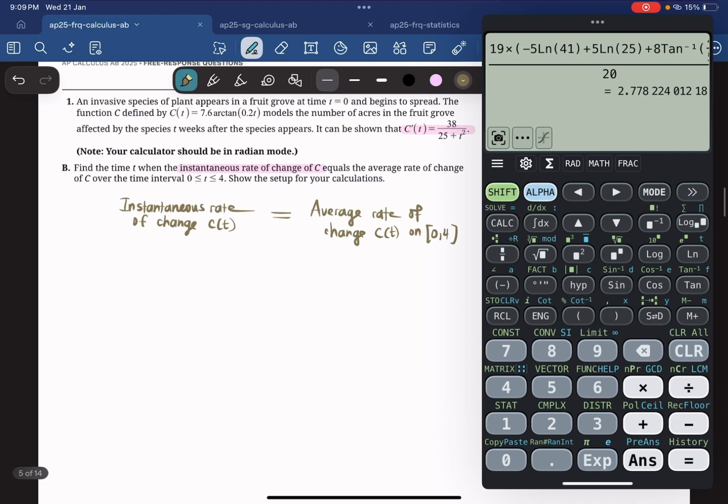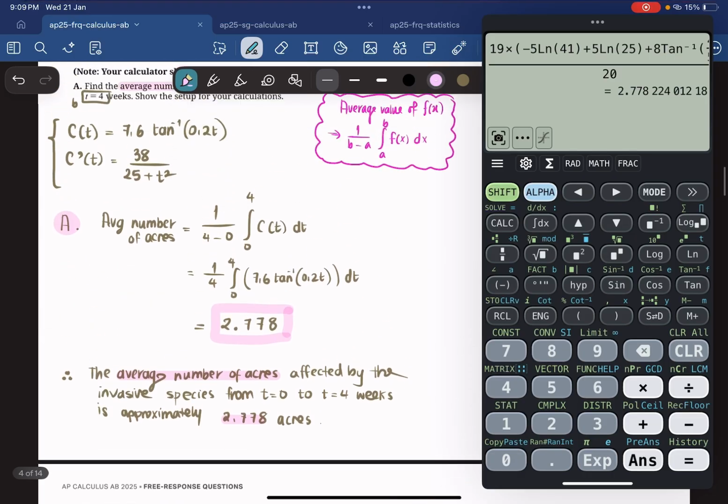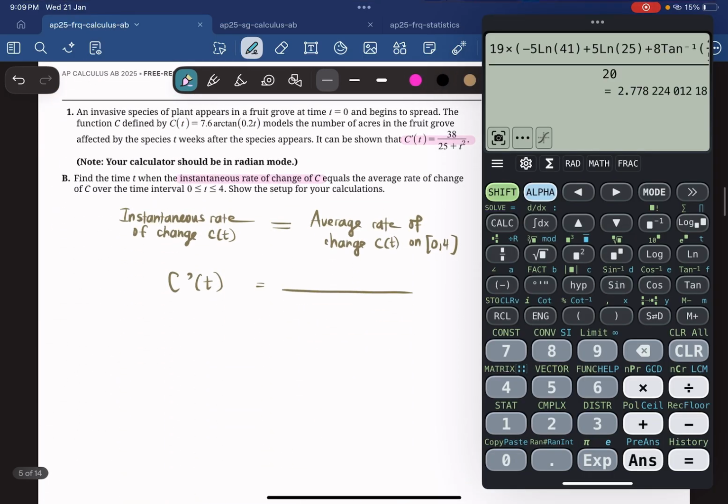So what is the rule? We know instantaneous rate of change is C prime of t, and that's going to be equal to the average rate of change. In general, the average rate of change of any function f of x on the interval a, b is f of b minus f of a over b minus a.